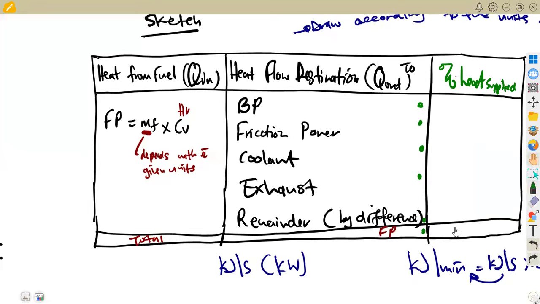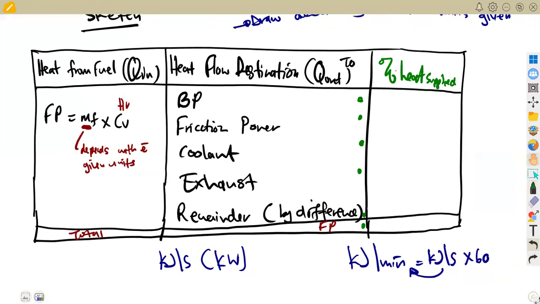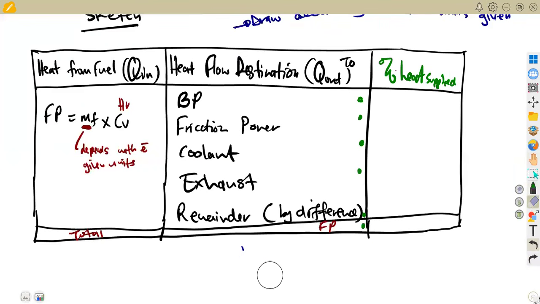So like I said, the units are drawn according to the units that you are given. I'm not going to write that this is supposed to be kilojoules per minute. No, not like that. It depends on how you are given it in the question. You work with how you're given it.